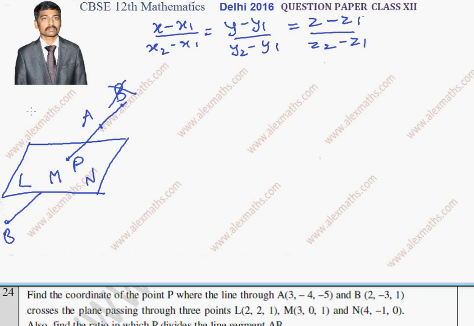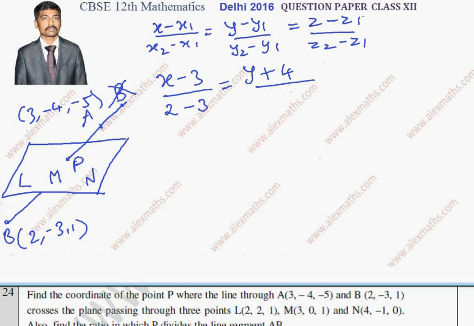Now what is point A, which is 3, minus 4, minus 5, and point B is 2, minus 3, and 1. So (x minus x1) by (x2 minus x1), (y minus y1) by (y2 minus y1), (z minus z1) by (z2 minus z1).